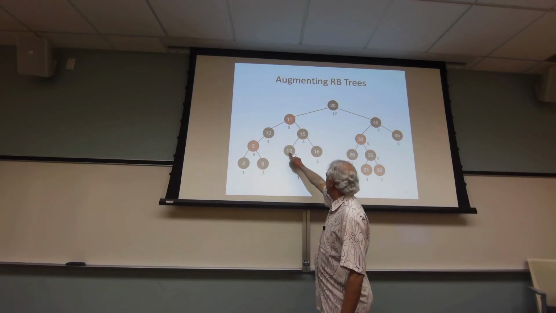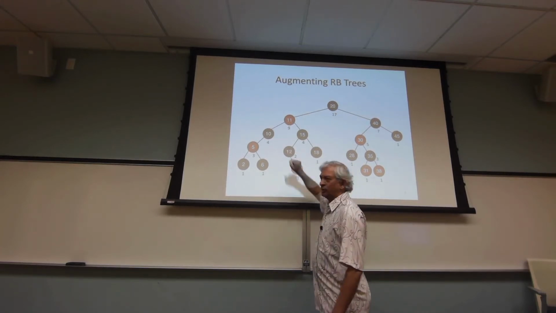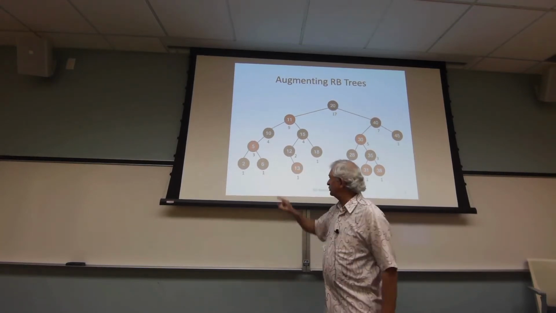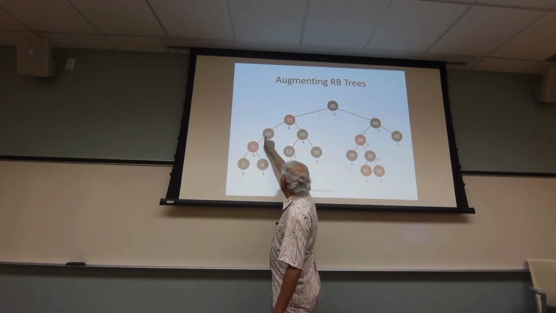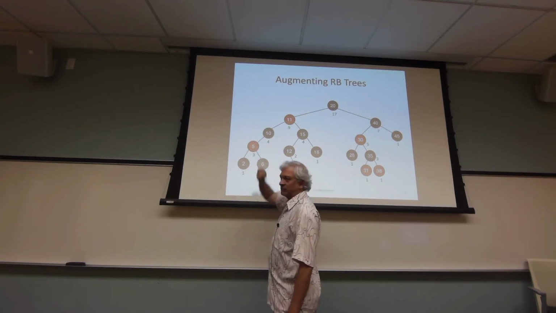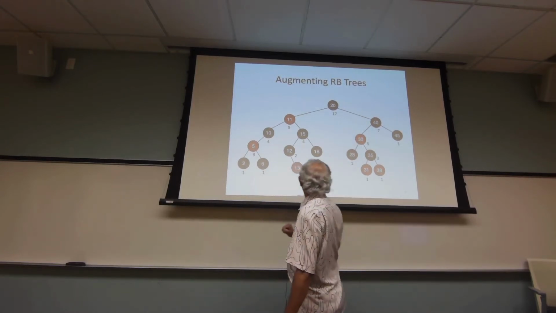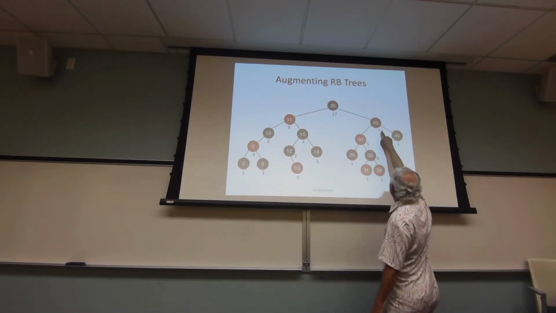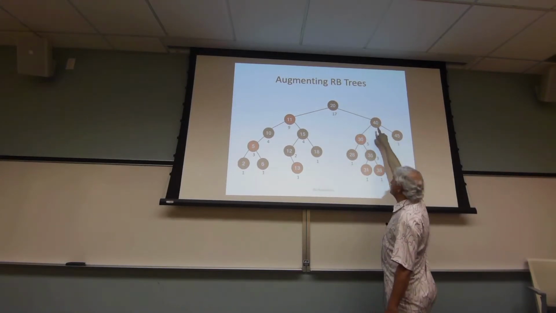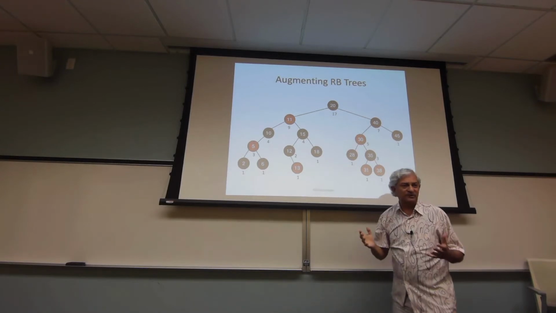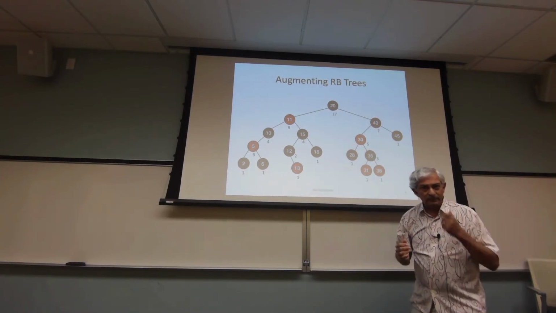The subtree rooted at 12 has only 2 nodes, and so we store the number 2. If you look at the subtree rooted at 10, it has 4 nodes in it. If you look at the subtree rooted at 40, then this side has 5 nodes, this side has 1 node, and then it has itself. That would be 7, right?